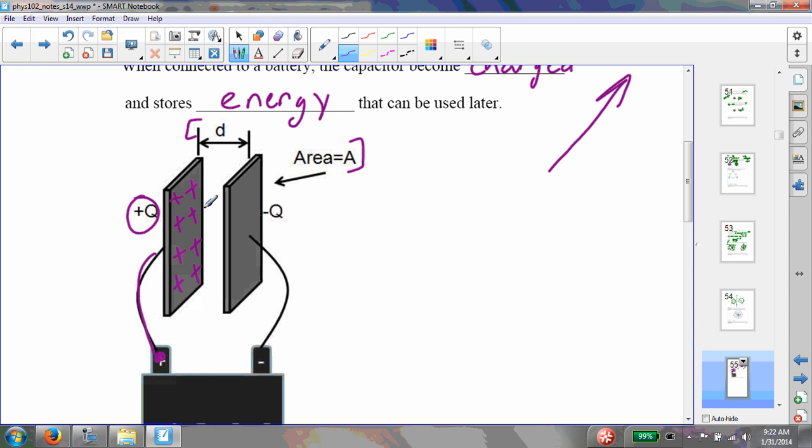So you can imagine, and it's not really what happens, that protons actually flow up this wire and fill the plate so that the plate becomes positively charged. Now, the plate does become positively charged, but not for that reason, okay? And then we'll get an equal charge over here that is negative. So we get a positive charge here and then an equal but opposite charge over here of negative Q.